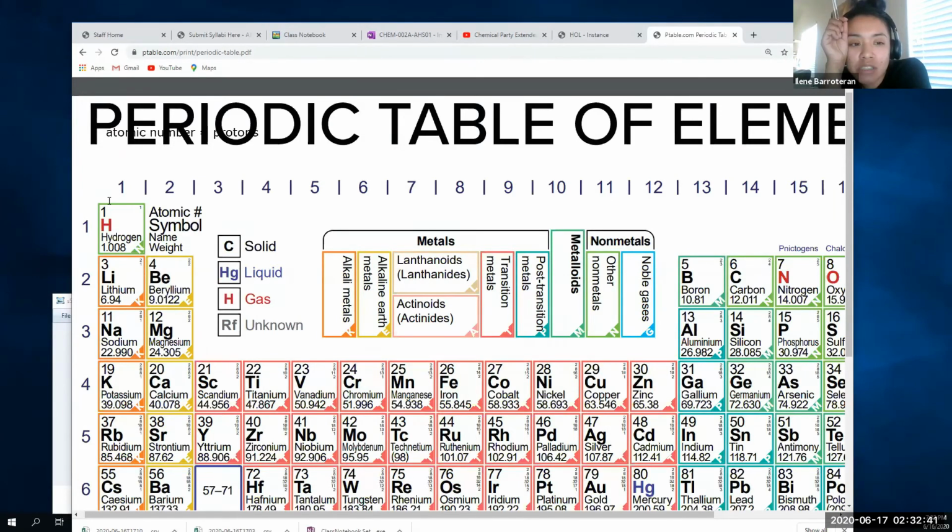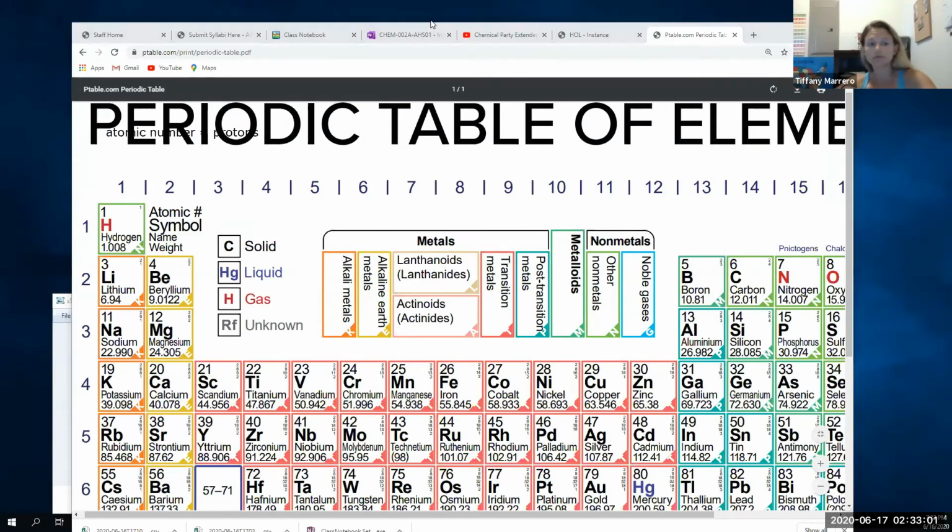I have a question. Is that always the same for all of the elements on this table? The top right is always the electrons? Yes. But you want to add them all together. If you add them all together, they should equal the same number as your protons. So it's always going to be the same number as the proton?